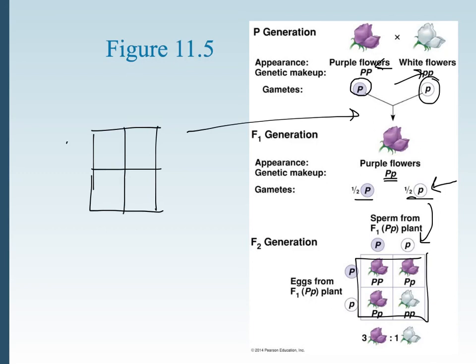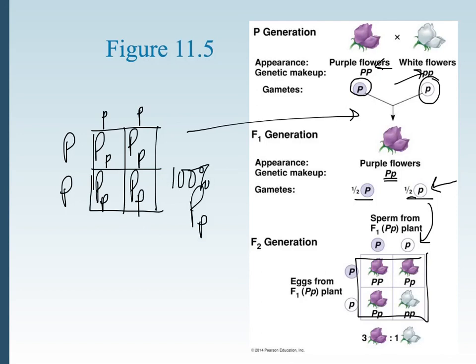Every time we go through meiosis, we're going to get capital P, and then we have little p's. We don't have to do this 4 times to know everybody's the same. Instead, we would not even do this because we do it in our head, we would have big P as one gamete, little p as the other gamete, and just have that one box that would look like this.